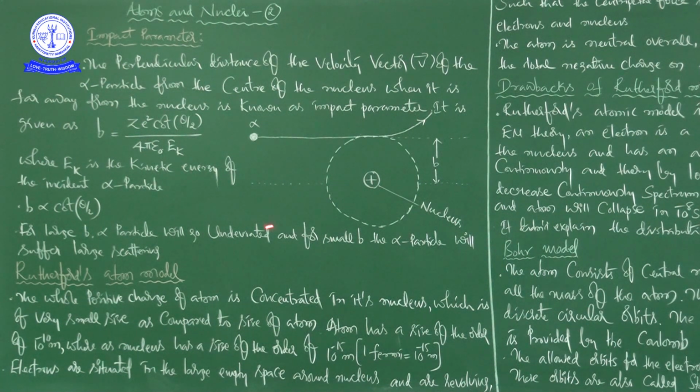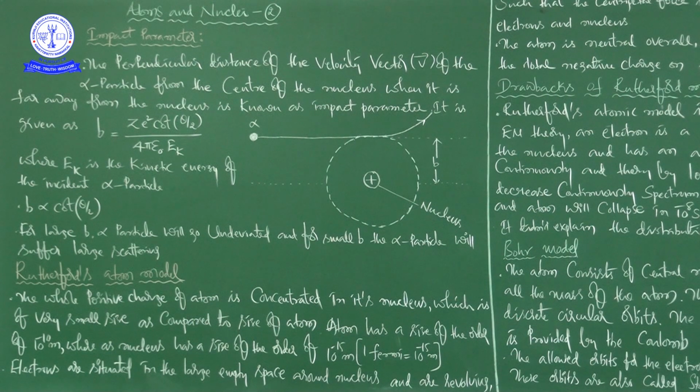Here we can expect a smaller angle of scattering, and here you can expect a larger scattering angle. That is what he is saying here: for large b, the alpha particle will go undeviated, and for small b, the alpha particle will suffer large scattering.